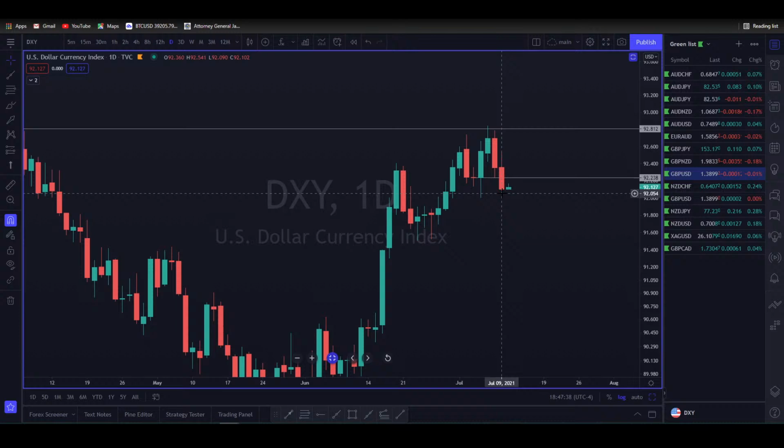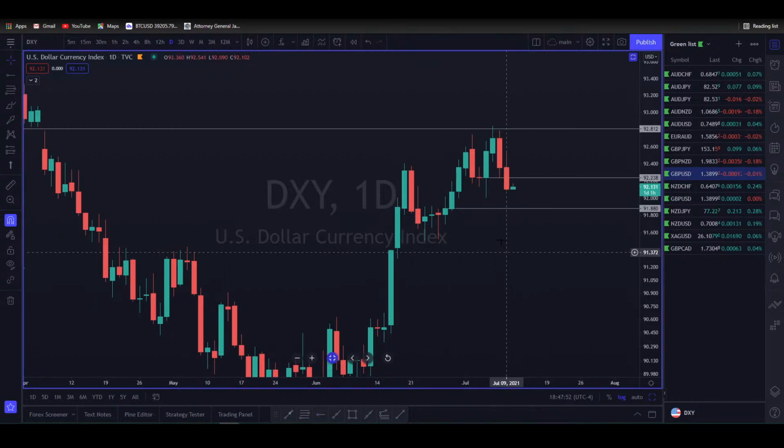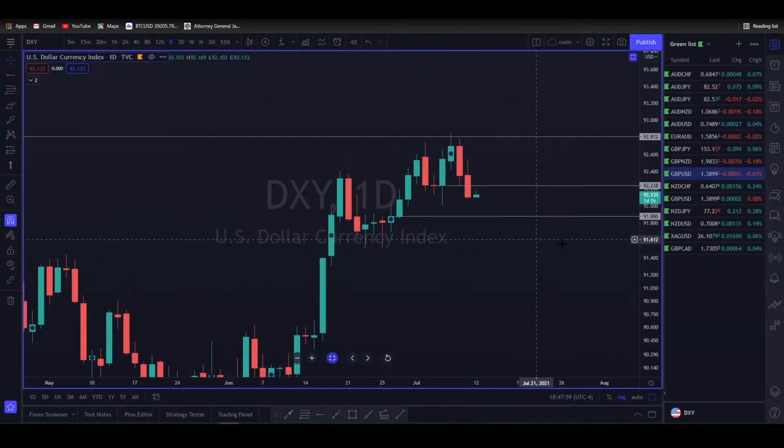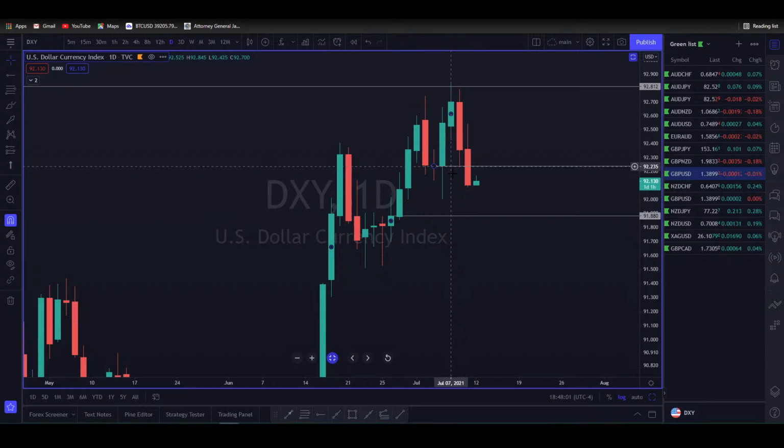You can see Friday, you got a daily closure below that support level, which indicates that you may be looking for a continuation of bearishness to the downside, at least probably to 91.88. This level down here, even this bearish candle may come into play. You do have a wick low right there, so if you get bullish continuation, you may get a stab below that wick low and then a reversal.